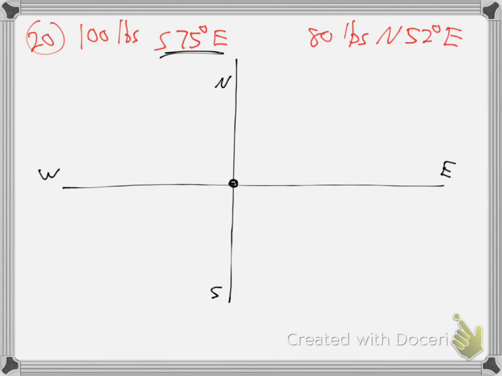That means straight south, but not straight south. 75 to the east of south. That's almost all the way there. So it'd be like that. So that's a length of 100. So this angle here is 75 because it's south 75 east, huh? So that one's a length of 100. And then, or here, let me put the 100 at the end there.